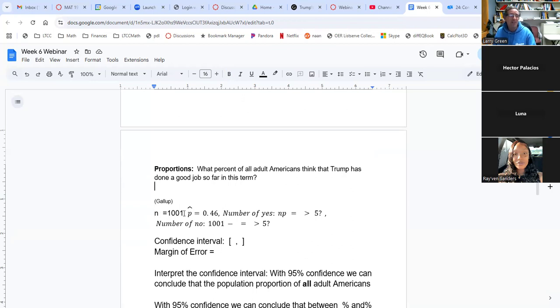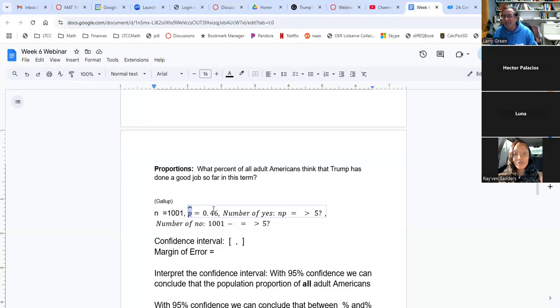So they asked 1,001 adult Americans. 46% of those adult Americans think that Trump has done a good job so far in this term, less than half. Note that's p hat, because the survey question is, do you think Trump has done a good job so far in this term?